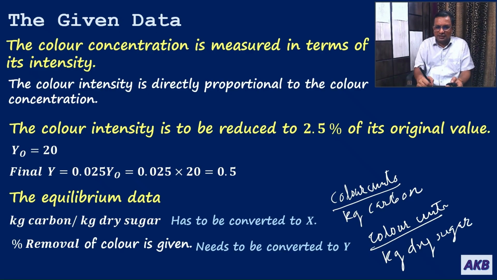So the given data we are going to convert to capital X, color units per kg carbon, and capital Y, color units per kg dry sugar.